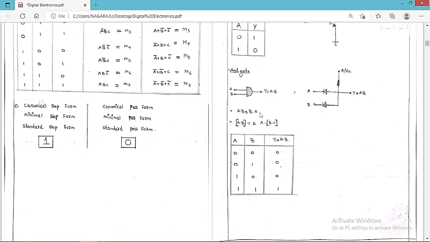The AND gate satisfies both the commutative property and the associative property. So A dot B dot C is equal to A dot B dot C.